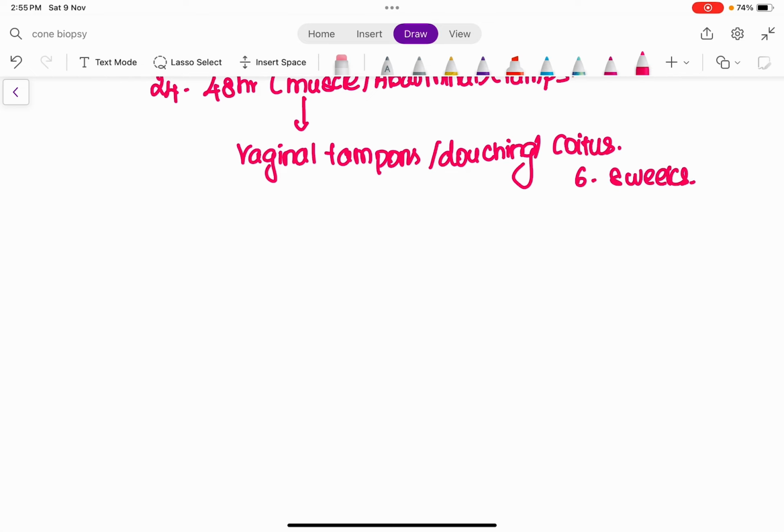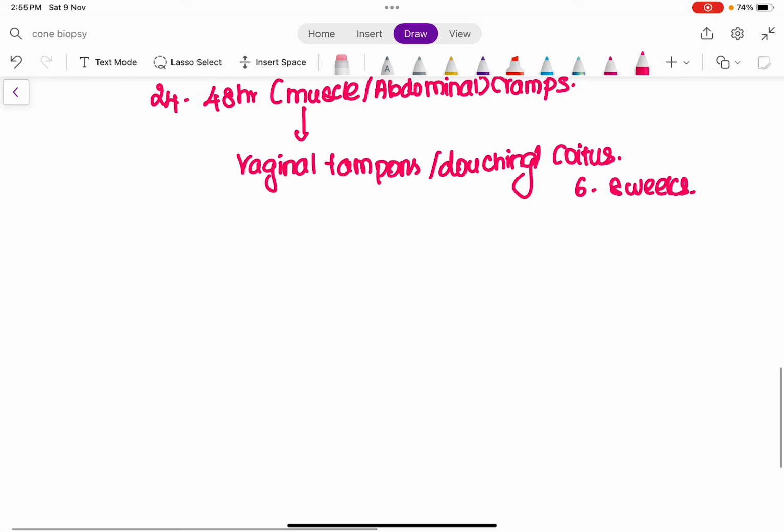So for 6 to 8 weeks, you have to avoid any coitus, vaginal douching, placement of tampons, and menstrual cups. And for 24 to 48 hours, the patient is going to experience muscle cramps as well. So for that reason, after the completion of the procedure, the patient has to be with us for at least 24 hours, and then you can discharge the patient.